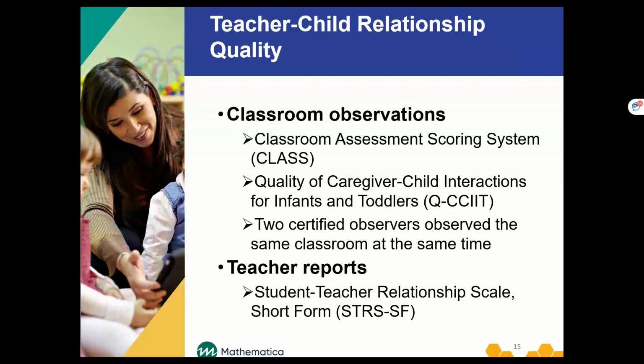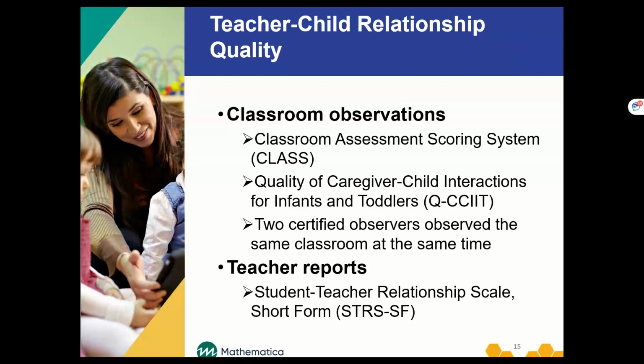Two certified observers observed the same classroom at the same time. One observer conducted an observation of the sampled classrooms using either the infant or toddler version of the CLASS. This observer determined whether to use the infant or toddler version based on the predominant ages of children in the classroom.